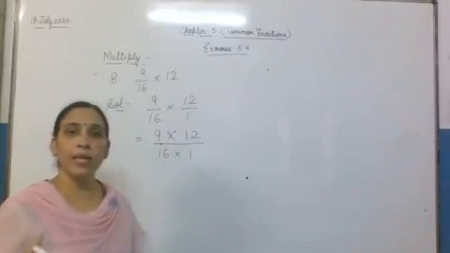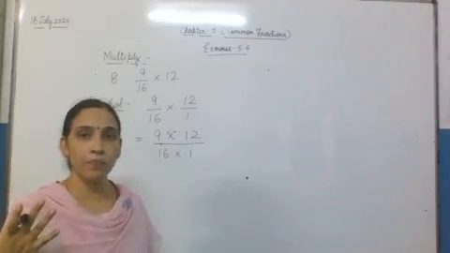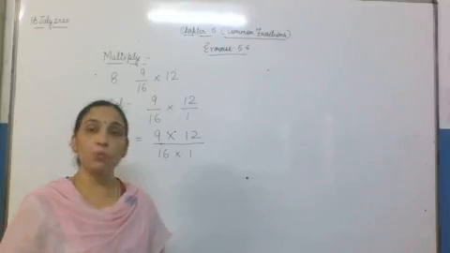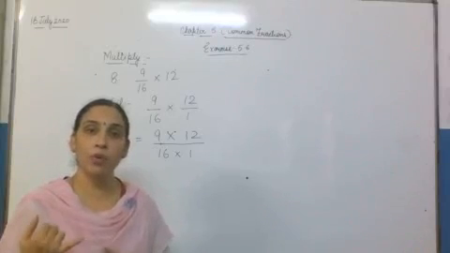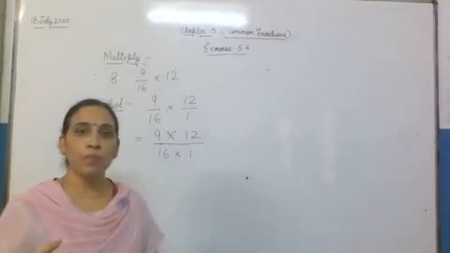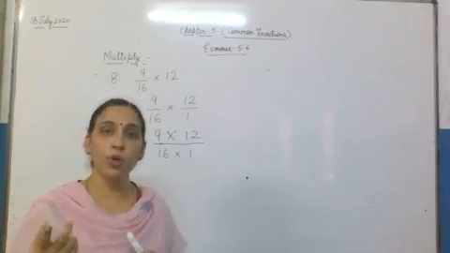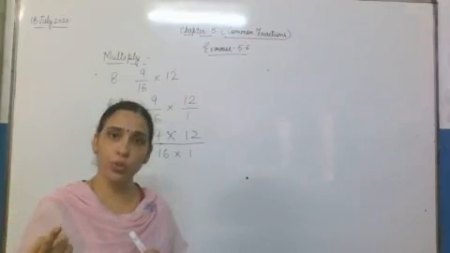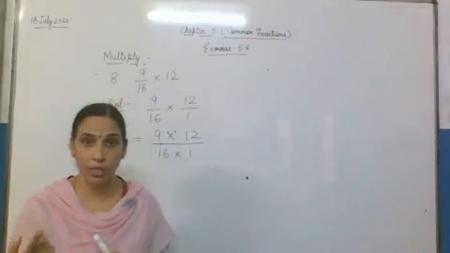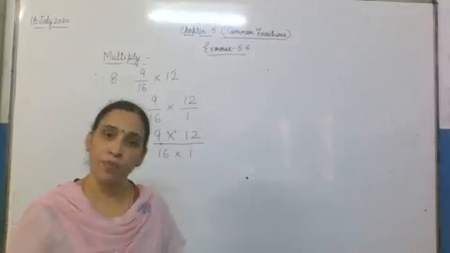Can you tell me any common table in which 12 and 16 both come? Yes. These both numbers come in the table of 2 and 4 as well. So here we are going to reduce with 4. Why? Because if you reduce it with 2, then again you have to reduce it with 2. So we will reduce it by 4.